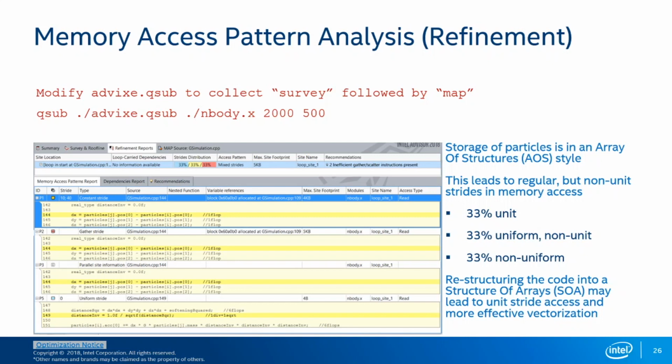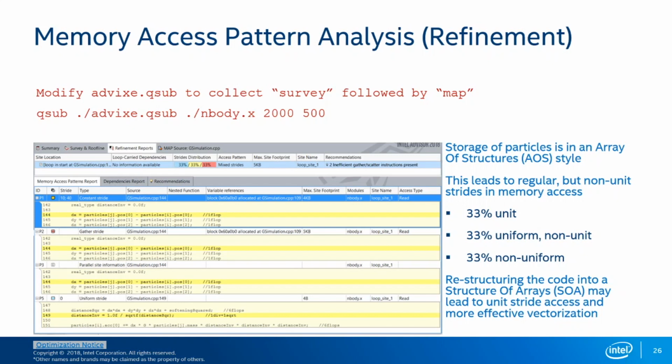So we run this analysis, and we can go into the next tab over at the top to the right of the survey and roofline, and we get into the refinement reports window. And here we'll see our compute loop and the memory access patterns for it. So we see that we have an even split between unit stride, uniform non-unit, and non-uniform accesses.